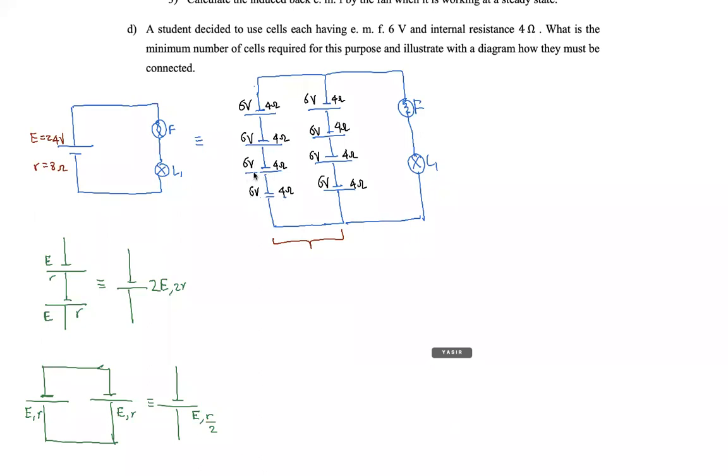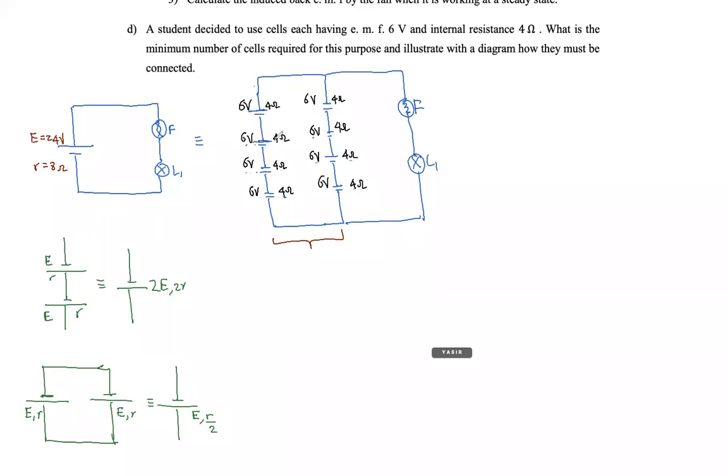I have to change the sign. Right, okay, let's change it. 6 volt, the positive side must be here.